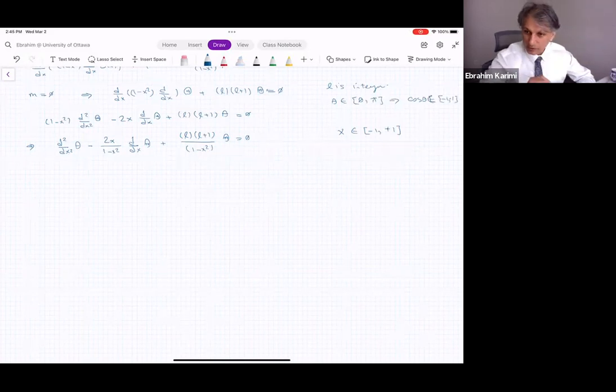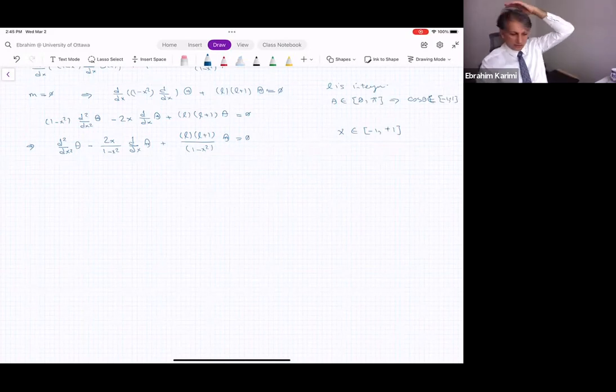Okay, so that immediately reminds us of the Legendre polynomials, although it's not exactly the solution, because last time we solved the Legendre, and we realized that they form an orthogonal and complete basis in the interval of plus 1 and minus 1.